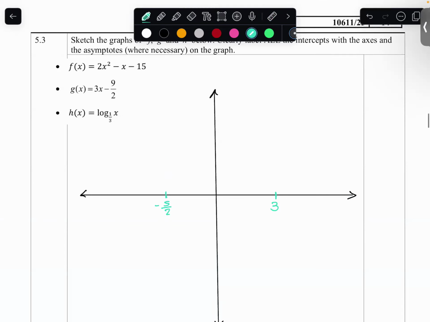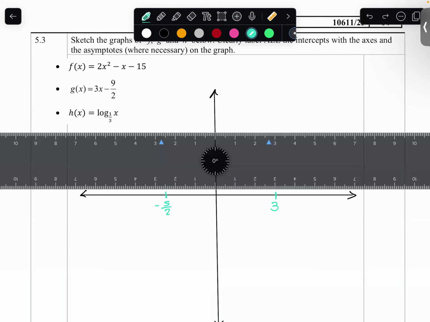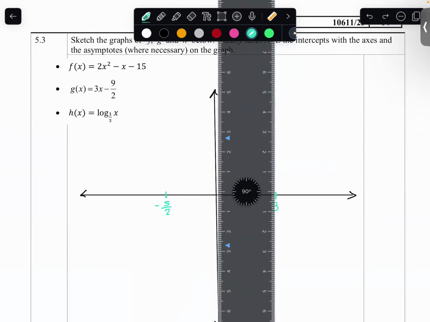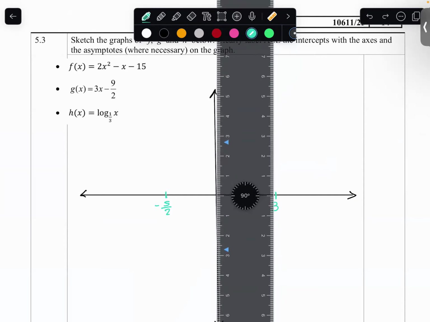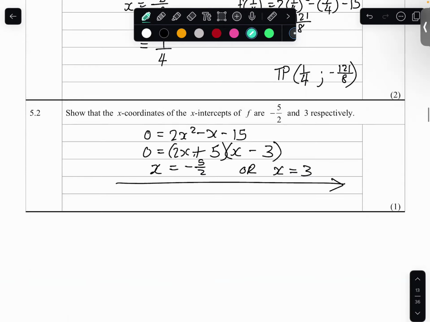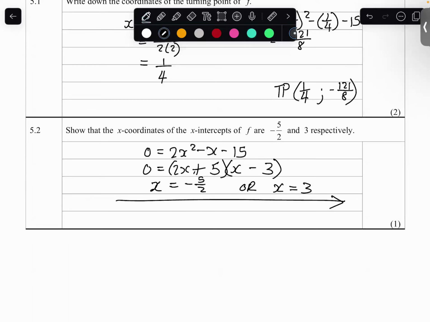All right. The y-intercept is this number. It's at negative 15. We use a scale, more or less. Let's go in fives. 5, 10, 15. It's the y-intercept. And then the turning point was at 1/4 and minus 121/8. This, if you SD it on the calculator, gives you negative 15 and an eighth.